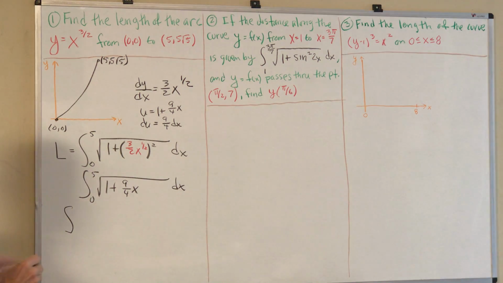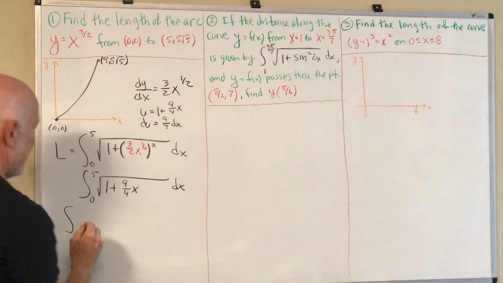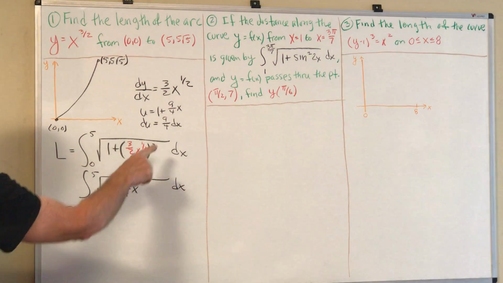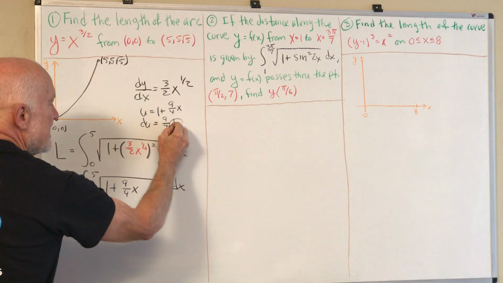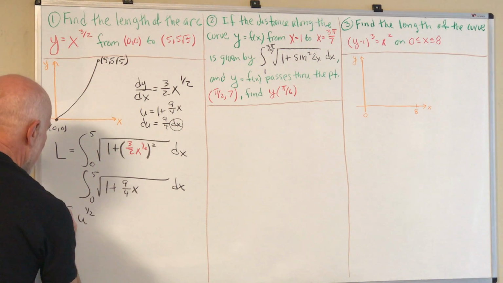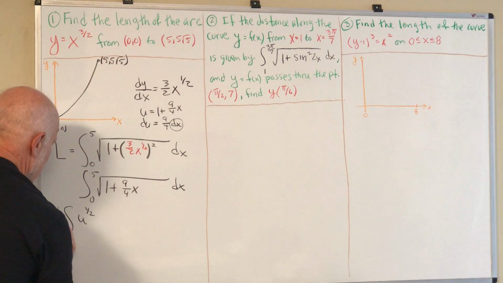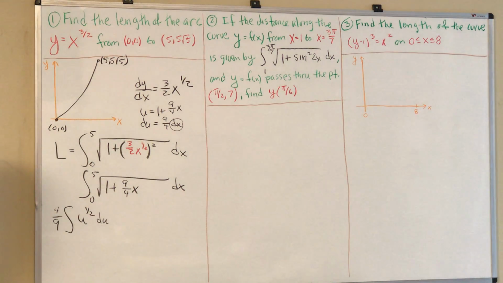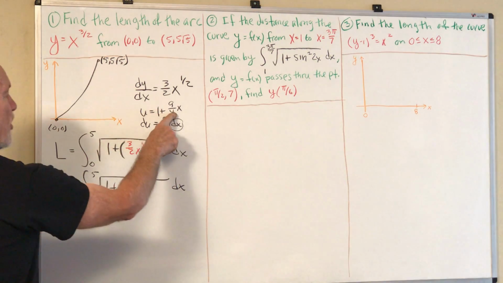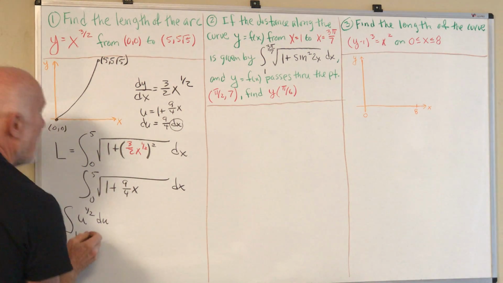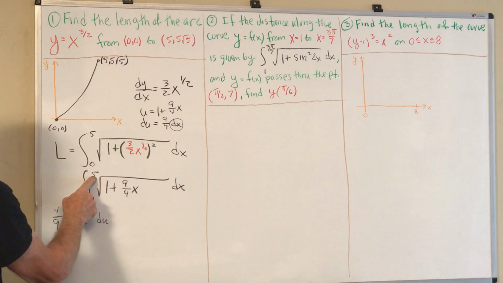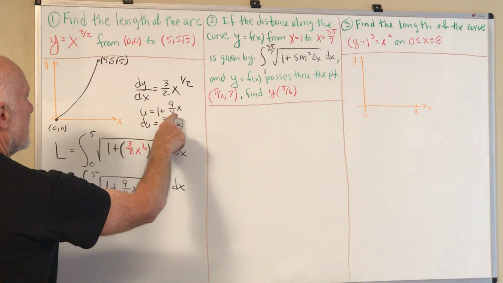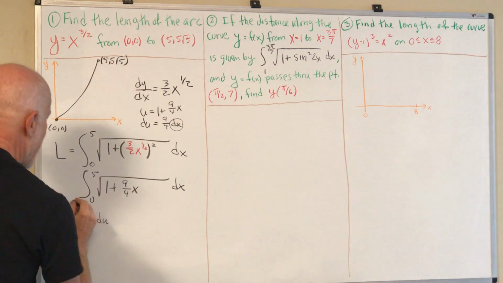So when I rewrite that, all this middle I can call u to the 1 half, and dx right here is going to be 4/9 du. And then I go from 0, but 0 is going to become 1, and then to 5. 5 is going to become 49/4.